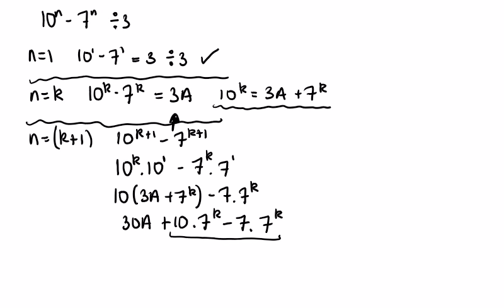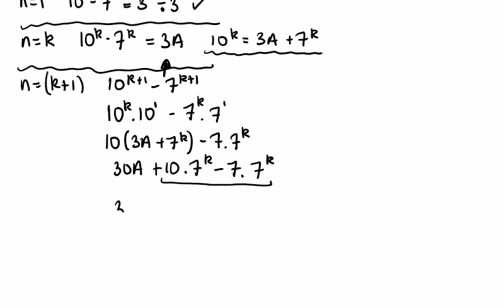And you can see these are going to give me a 3, which we're looking for. So I've got 10 of them take away 7 of them is plus 3 of them. And this is going to give me 3 times 10a plus 7 to the power of k, which is equal to 3 times a number, which we'll call b.